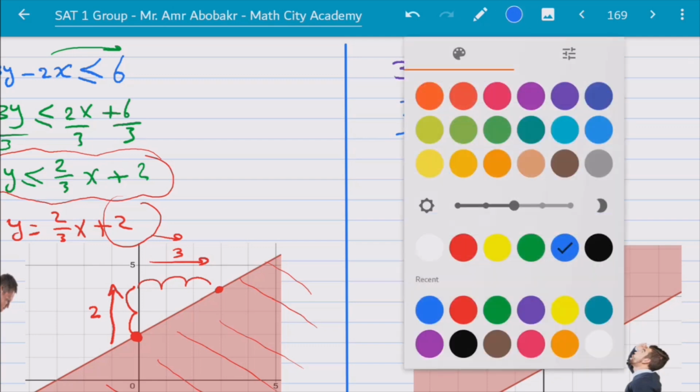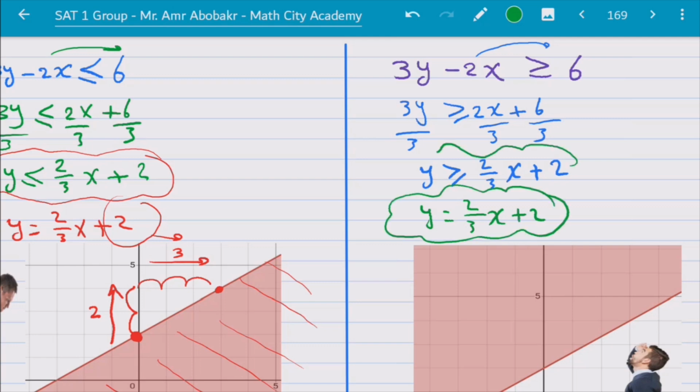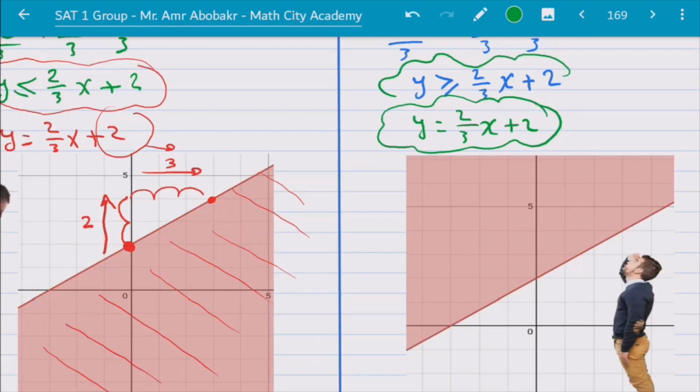Can we convert now y equal to 2 over 3x plus 2 to be like an equation? So we have here the y-intercept is 2. 1, 2. So 2 here. Then up 2 steps, right 3 steps. Up 2 steps, 1, 2.